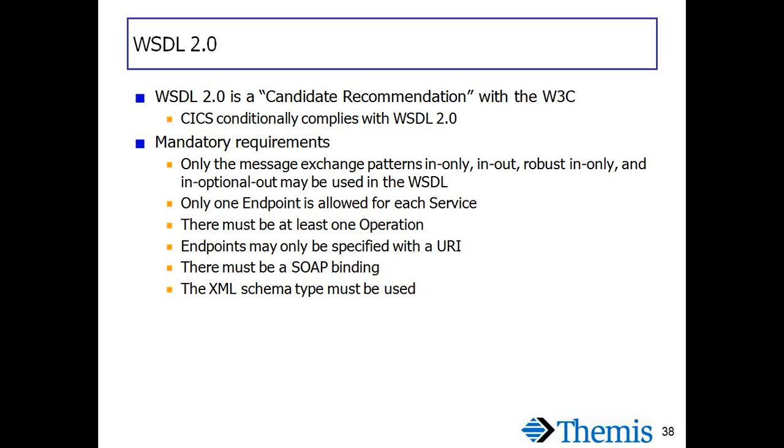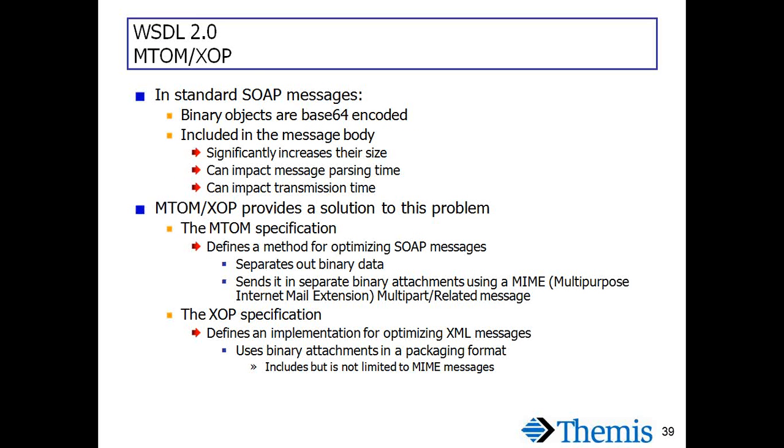Again, I can't really get into details, don't have the time. But again, it's all built around SOAP and XML. So what they've really done with the WSDL 2 standards here is allowed us to now have binary objects included.